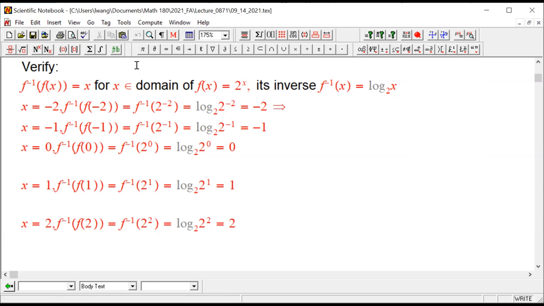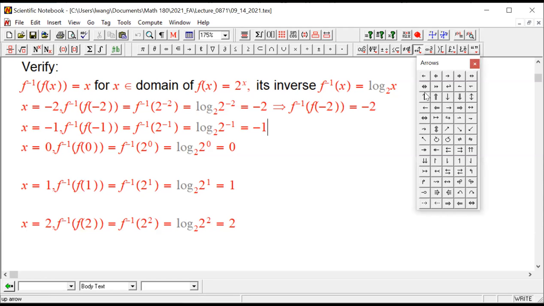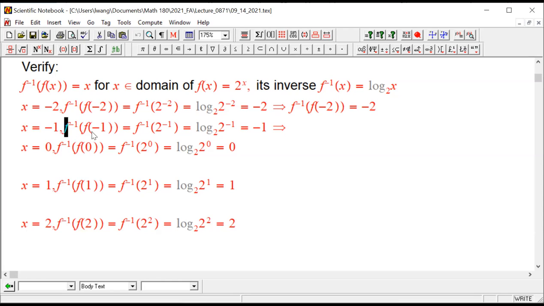They are one-to-one functions, Professor. They are one-to-one functions, and they have that nice, interesting property for one-to-one functions only. So your quiz question might be like: two functions are given and you are asked to verify if they are inverses of each other or one-to-one functions, something like that.